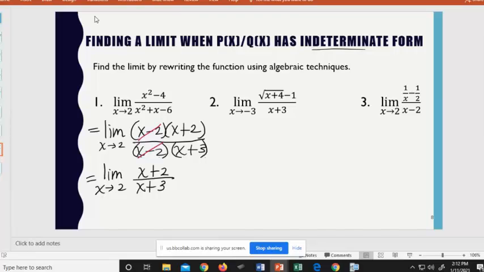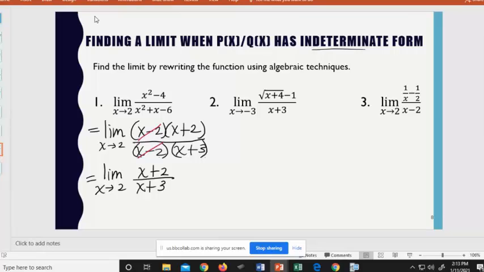Yeah, that this type here will be that missing point. It's a removable discontinuity. So now what we're doing is going to have a graph that doesn't have that missing point, right? It's continuous at x equals 2.